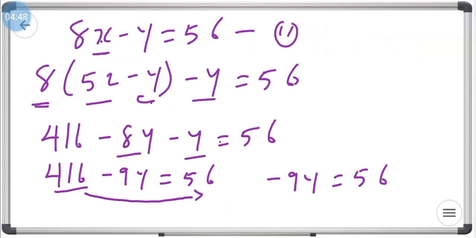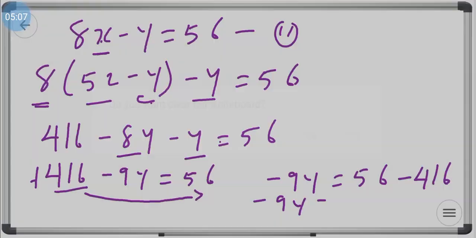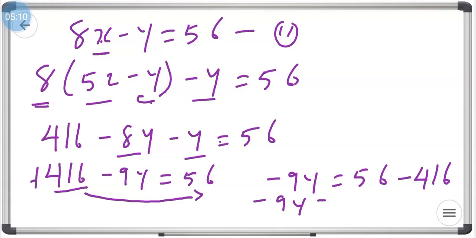Here 416 has an invisible addition, so whenever it crosses the equal sign, it changes to a subtraction. That is minus 416.